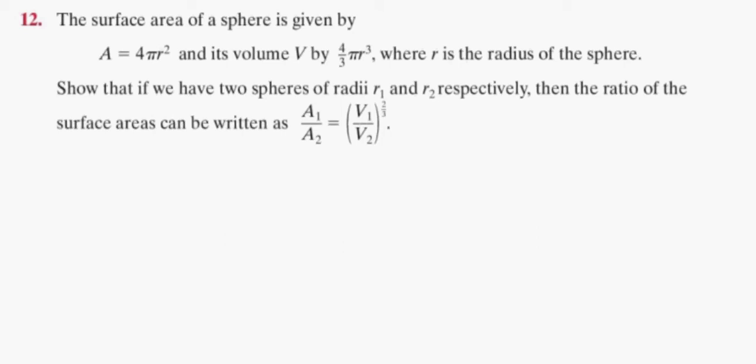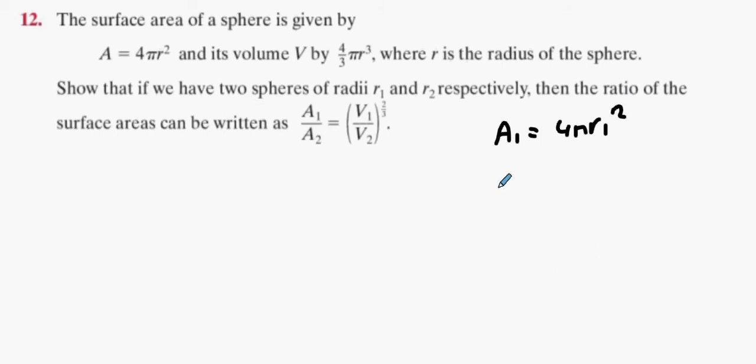Alright, when I have a question like this, and it seems so random and the letters just seem to be in the oddest arrangement possible, what I do is I make a list of how many letters I have at the start. So what I'd say is, I technically have A1 equals 4 pi r1 squared. Are we cool with that?